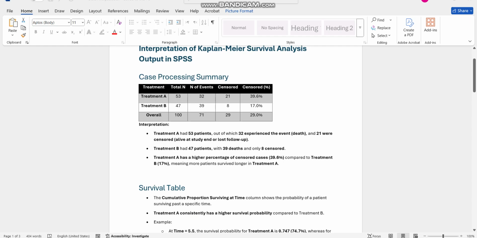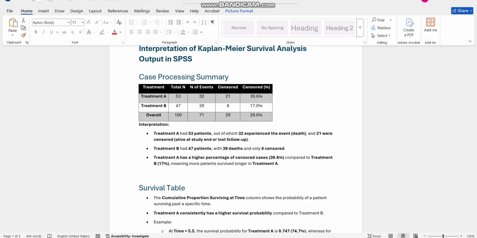Okay, so the first table is the case processing summary. For treatment A, out of overall 53 patients, 32 died and 21 either we lost follow-up or they didn't die. So this treatment A has 21 censored patients, which are 39.6% in treatment A. In treatment B, out of 47, 39 died and only 8 are censored, which are 17%.